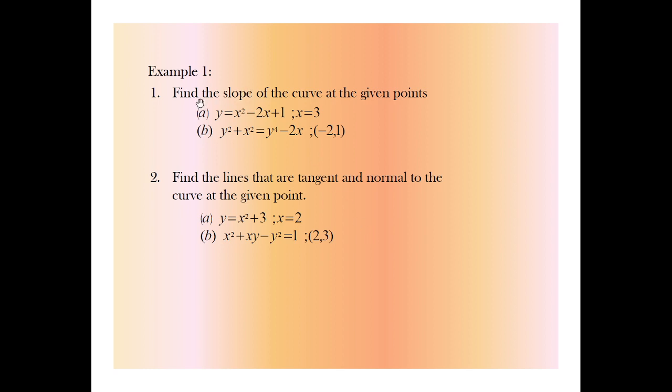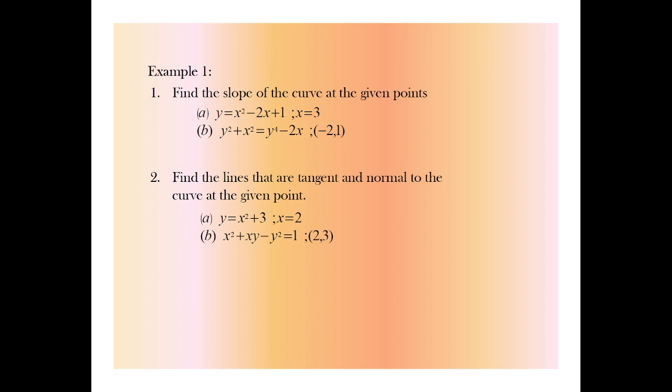So for this example, let's say find the slope of the curve. Slope has the same meaning as the gradient. How do you find the slope at the given point?